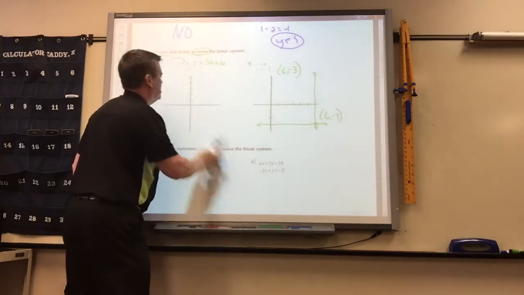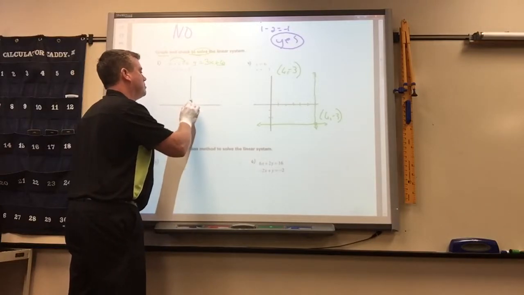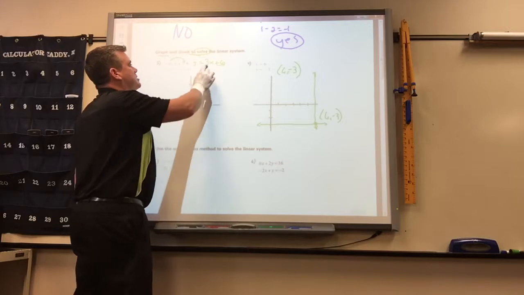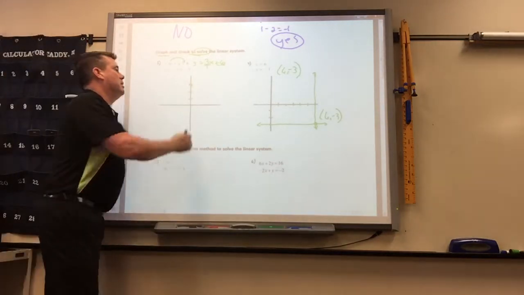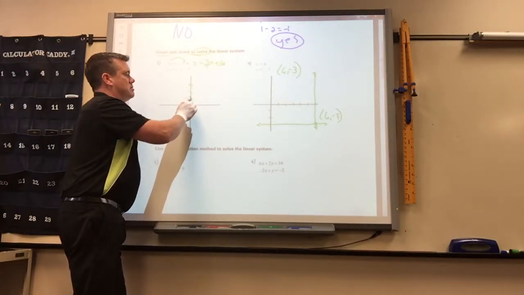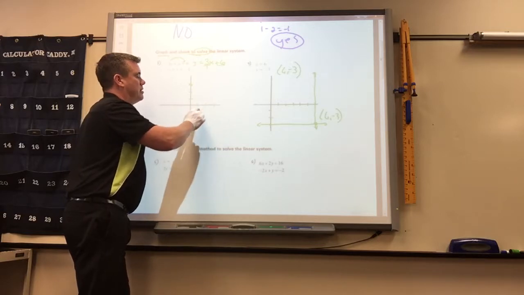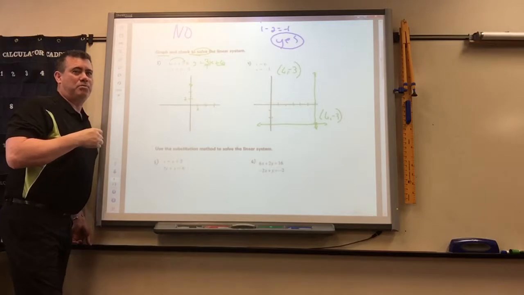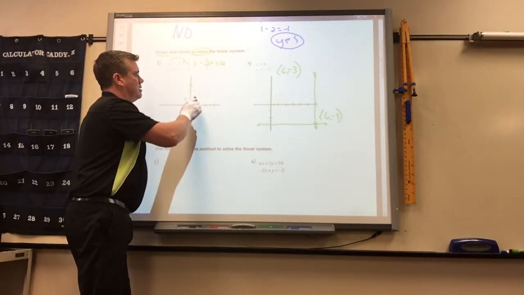I just put my 2s. 2, 4, 6. And it's got a slope of 3 over 1. Now remember, if you go down 3, you went by 2s, that would be right to here. And if you go by 2s, you have to make sure you label the graph. So down 3 over 1 would be right there.